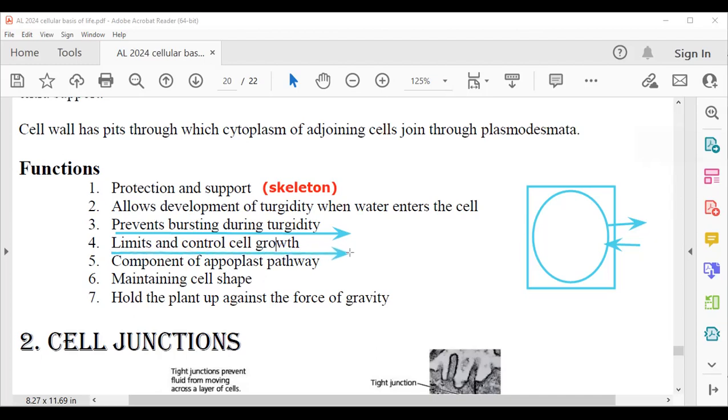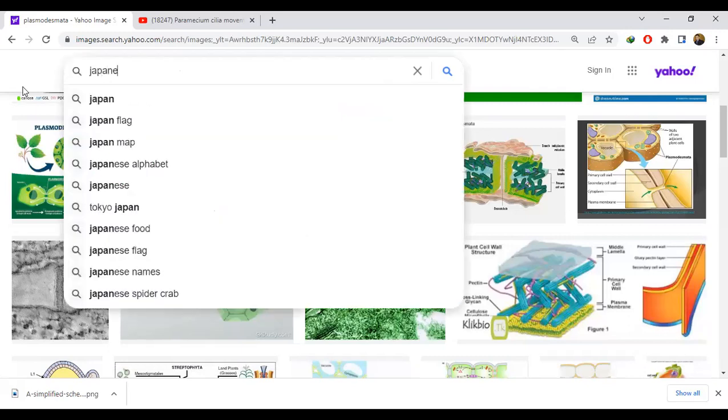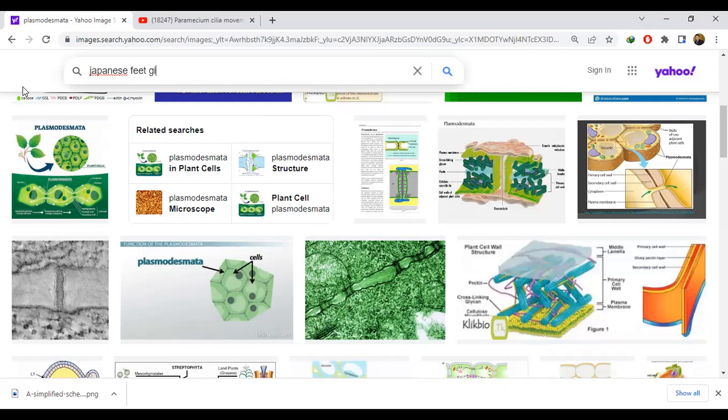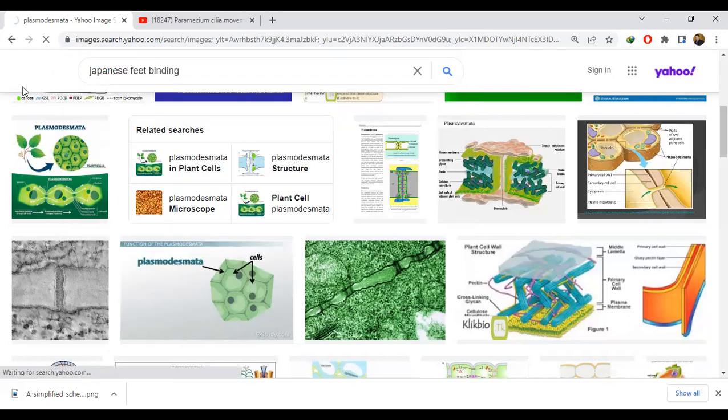Remember, when I am explaining things, I used to take these types of examples. Don't mistake me, I'm choosing this: Japanese feet binding.